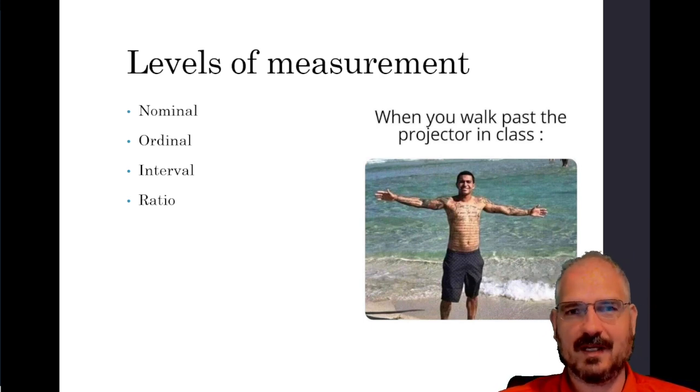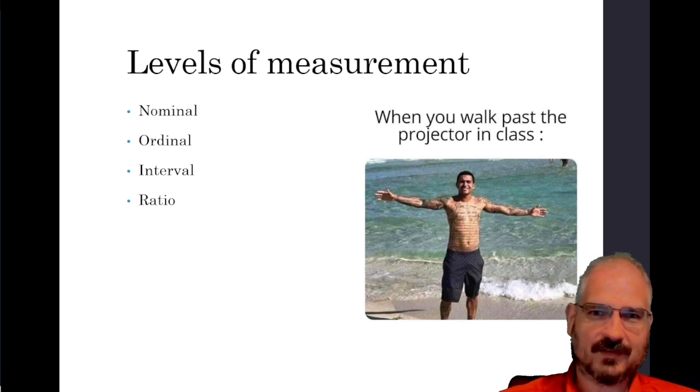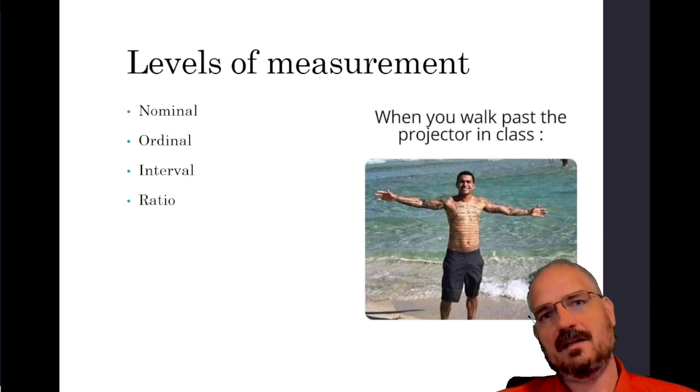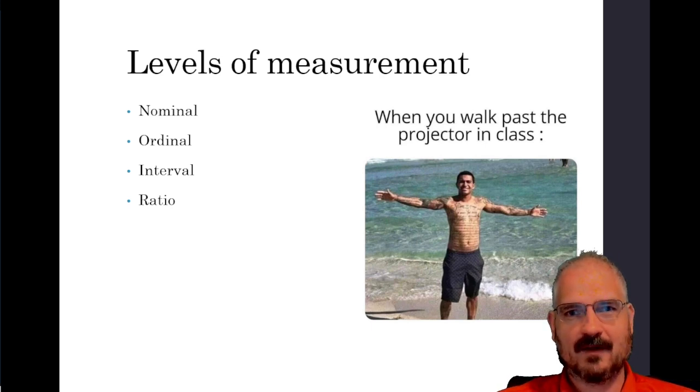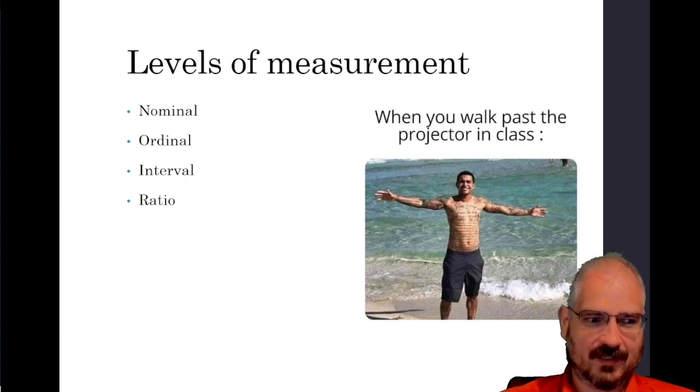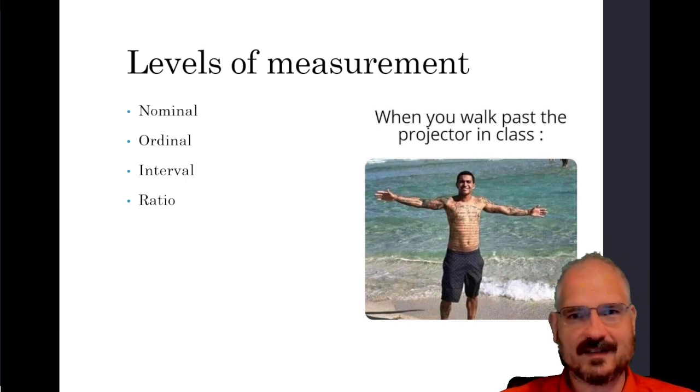The distance between small and medium is not necessarily the same as the distance between medium and large, right? Similarly, the people who come in first, second, and third in a race. First was clearly first, second was clearly second, third was clearly third, but the distance between first and second is not necessarily the same as the distance between second and third.